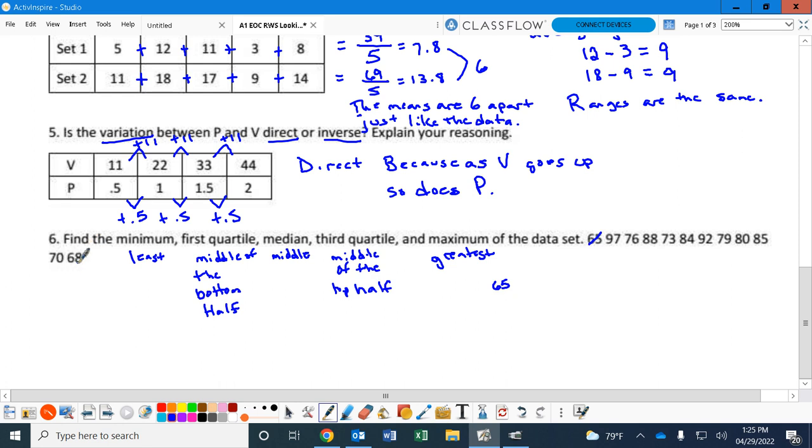Remember how I talked about the screen being so small on your computer that a lot of stuff might show up below the bottom of the screen and you need to scroll down to see everything that's in the problem? My guess is this could be hidden underneath the bottom of the screen. You wouldn't even see those numbers there. So you have got to scroll down to see everything on there to make sure you don't miss anything. So the next number is 68.